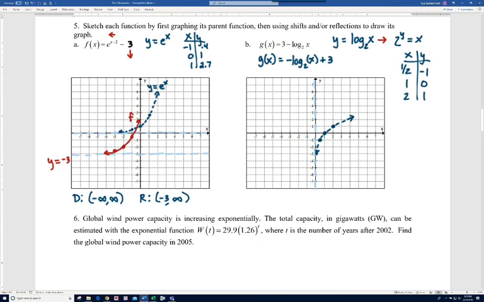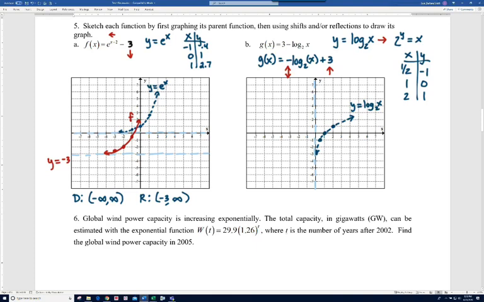Now, because of this minus in front of the log base 2 of x, we're going to have a reflection through the x-axis. And because of the plus 3 at the end there, this is going to be a vertical shift up 3. Now with reflections and shifts, we normally will do the reflections first.